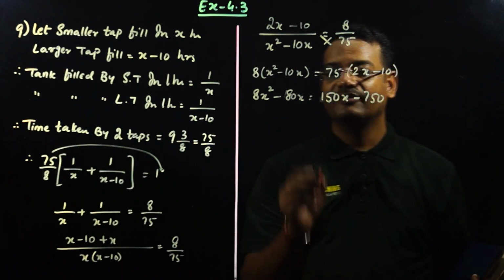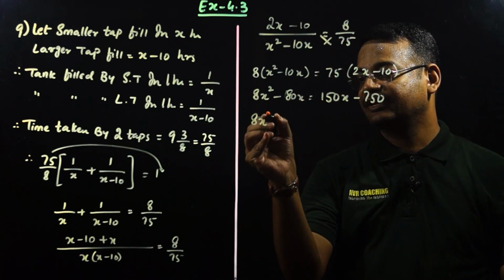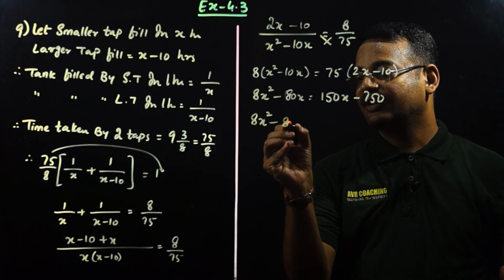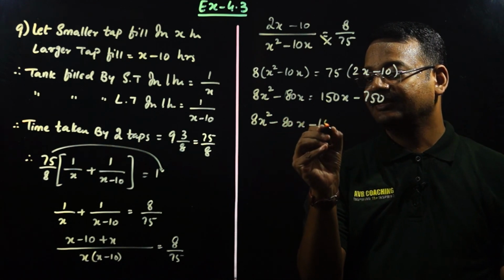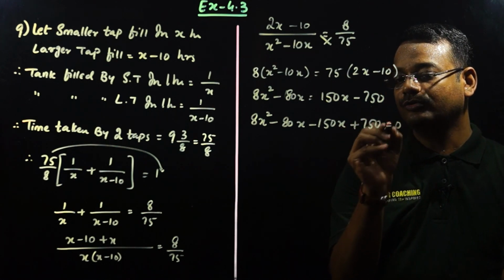So we will bring 150x and 750 to the left hand side, and the equation can be written as 8x square minus 80x minus 150x plus 750 equal to 0.